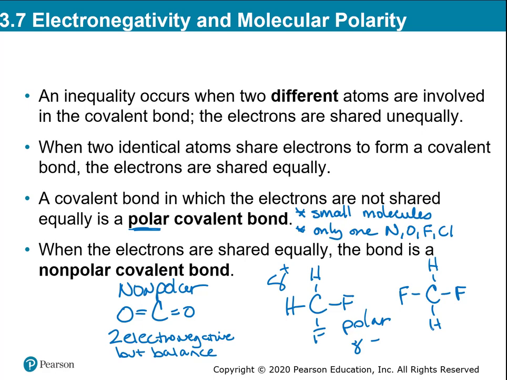Because I've got the bonds coming off at 4 points, I can move or flip my molecule around and make it look like that. I can put the fluorines on one side. But with CO2, I cannot. Carbon dioxide, because of those double bonds, they're on opposite sides, whether they're like this or like that. They're always on opposite sides. That is why they balance each other.